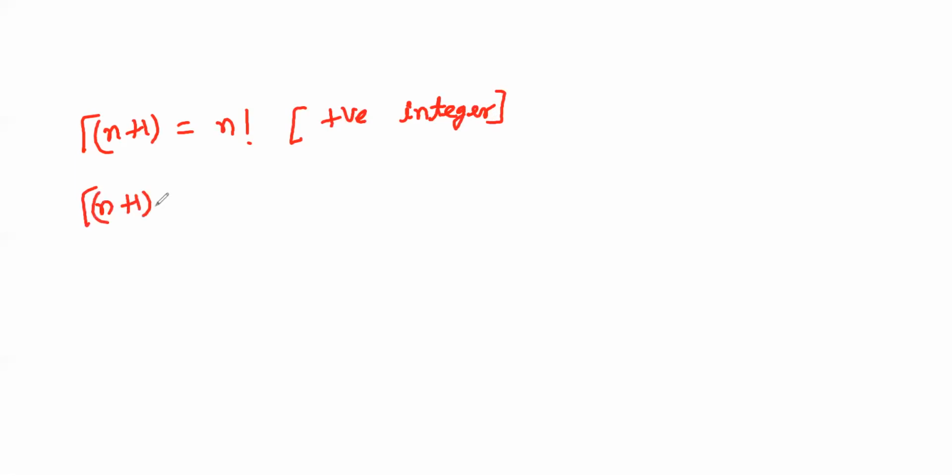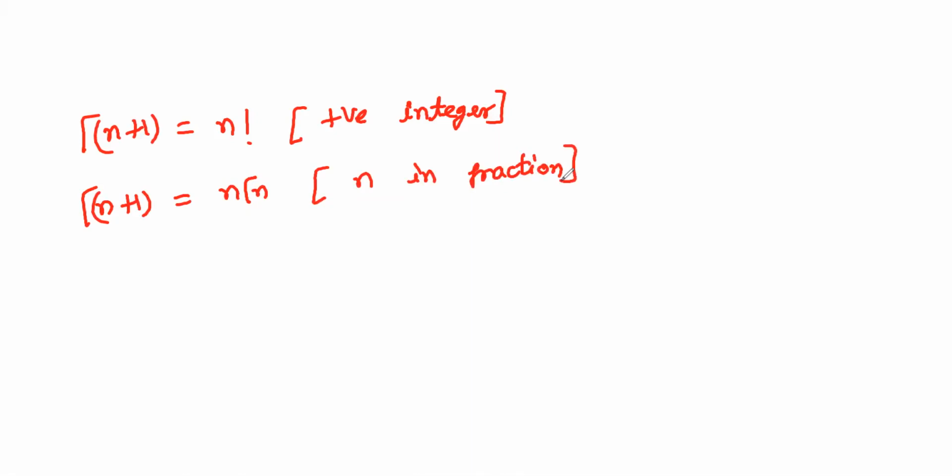Now what we have seen is that gamma n plus 1 is n factorial for positive integer n, and gamma n plus 1 is written as n gamma n when n is a fraction.